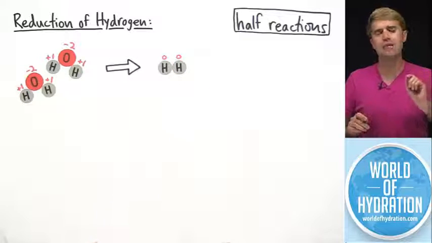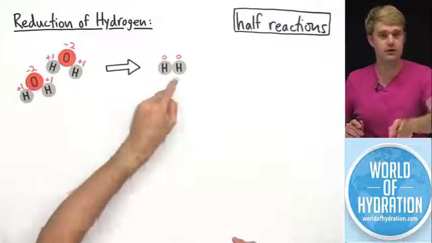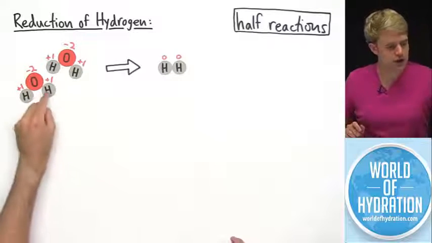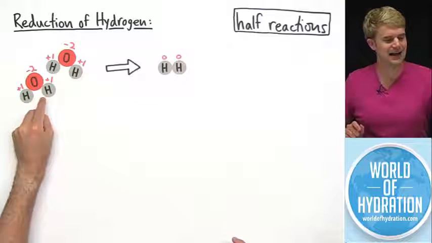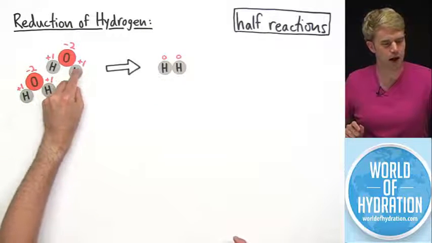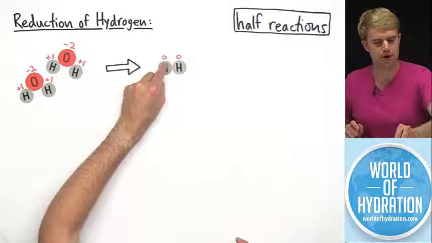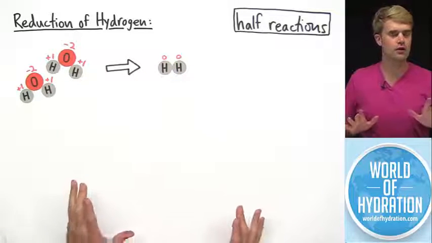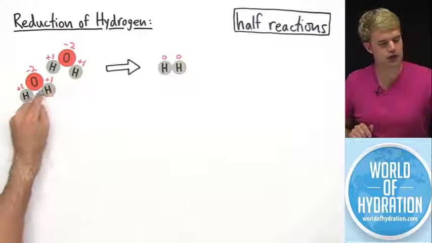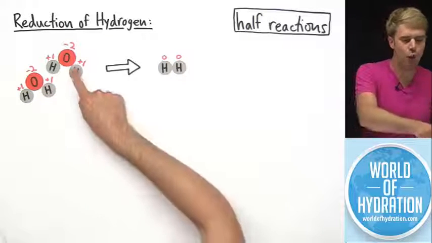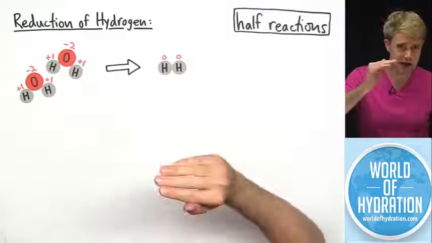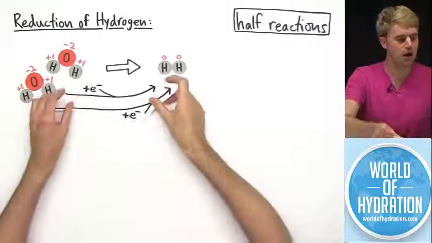Now what has to happen with the electrons for this to take place? Well, each of the hydrogens over here has an oxidation number of +1, but then they have an oxidation number of 0 over here. So that means that each of these hydrogens has to gain one electron so that its oxidation number can be bumped down by 1.